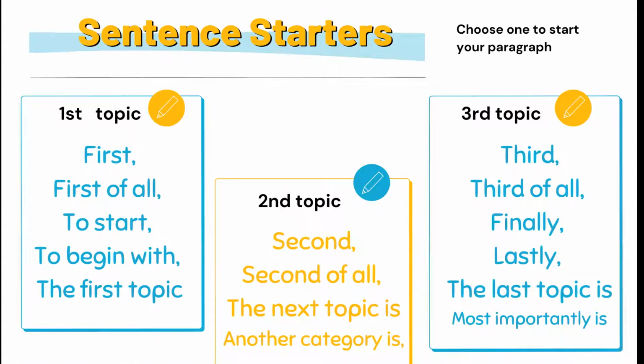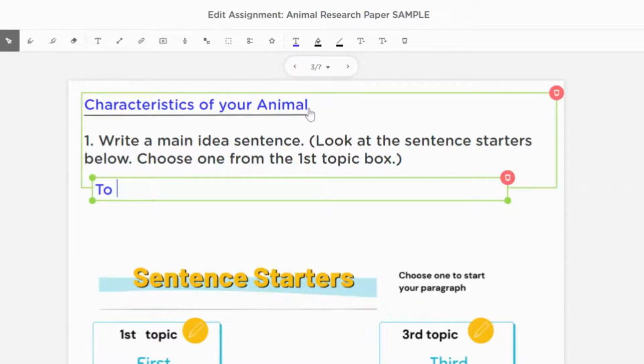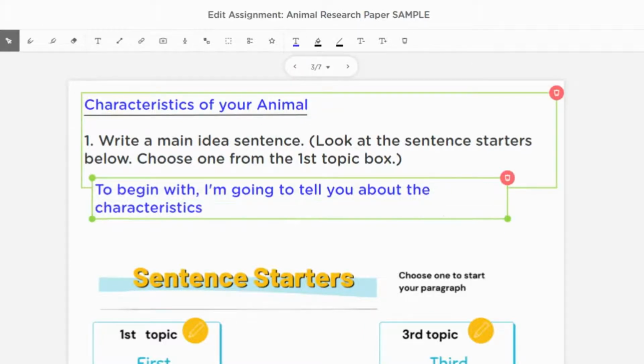So even though you are picking between the poison dart frog, the octopus, and the cheetah, my sample one for you is going to be the warthog. The warthog is not one you get to pick. So as a sentence starter for my first topic, I'm going to say, to begin with, I'm going to tell you about the characteristics of the warthog.